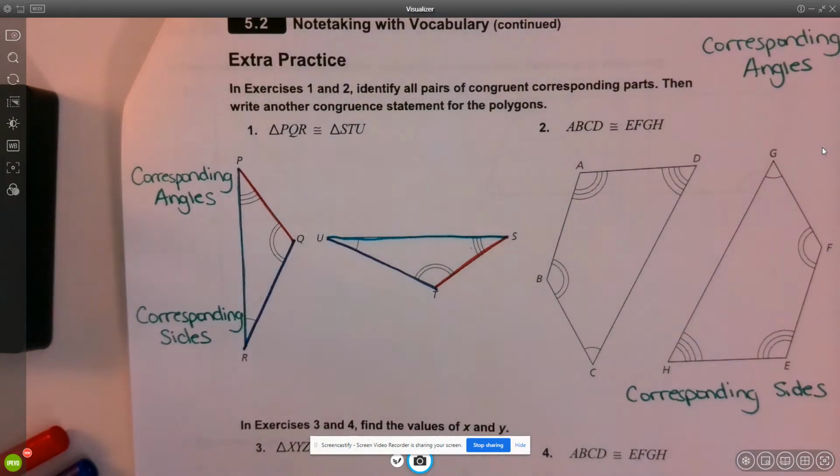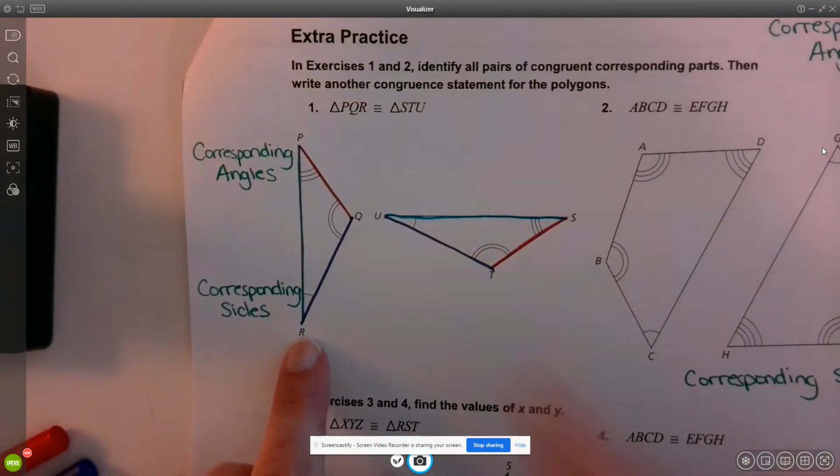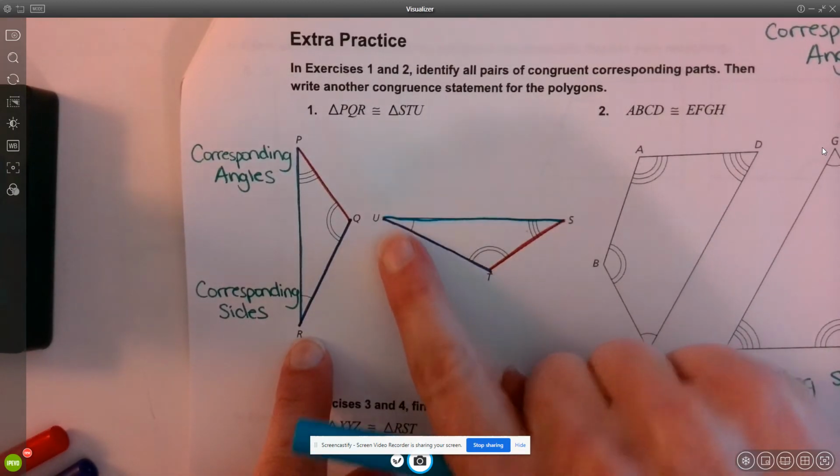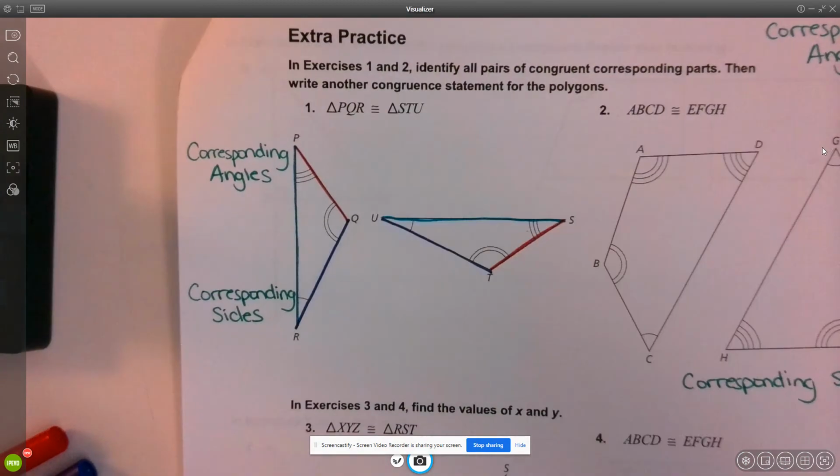So now we're going to go ahead and name the corresponding angles and the corresponding sides. So the angles that are corresponding are the angles that are congruent. I can see from the picture, angle R is congruent to angle U because they both have one arc.